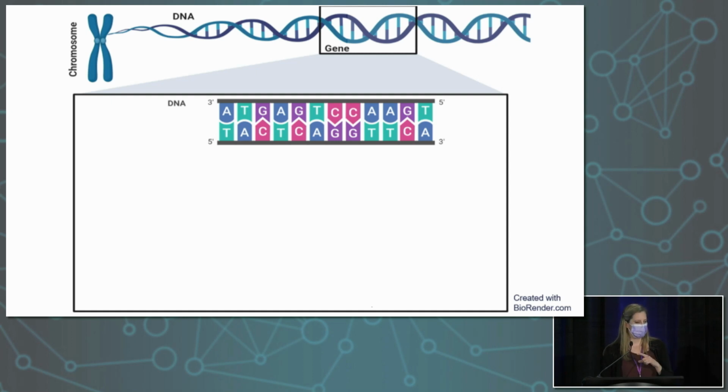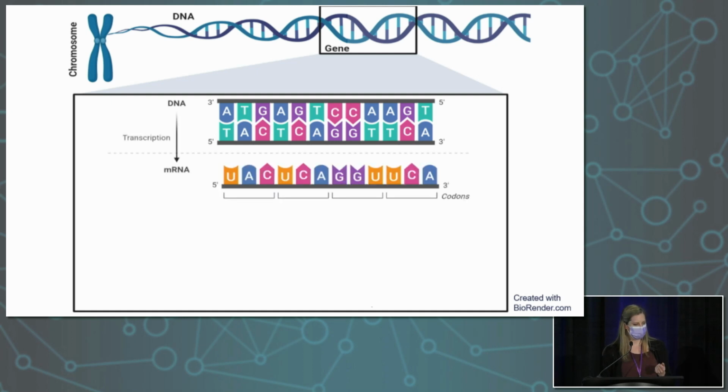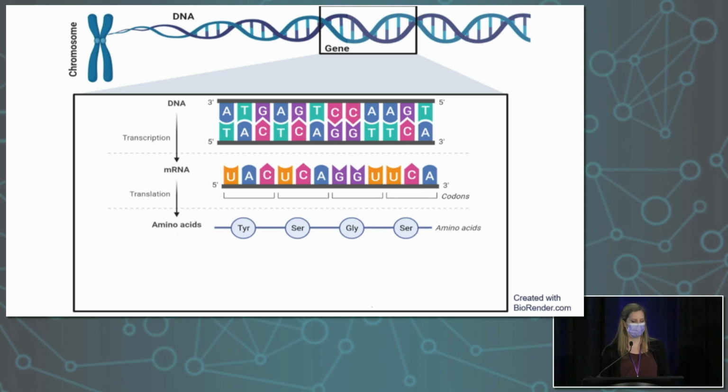And then you can see in that colored part, the DNA is composed of 4 different letters, A, C, T, and G. And what happens in the body is that it gets converted into something called mRNA. And then the body takes 3 of these letters at a time and converts it into amino acids, which are the building blocks for creating the actual protein.